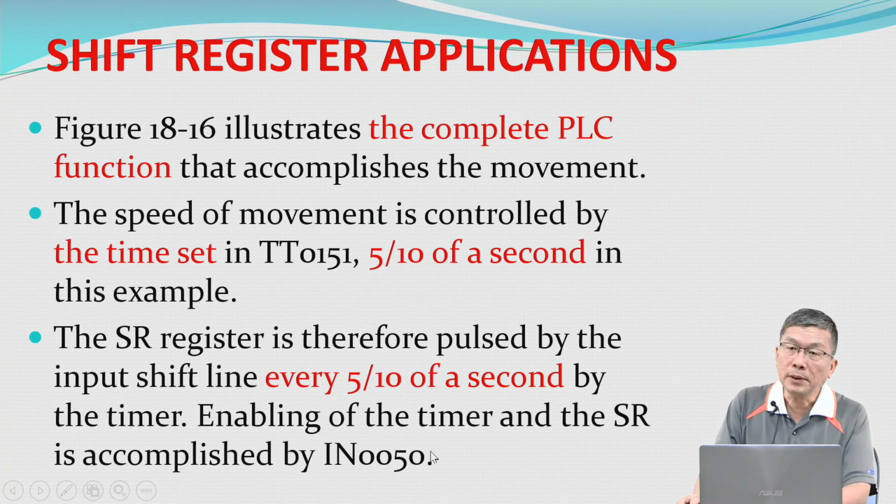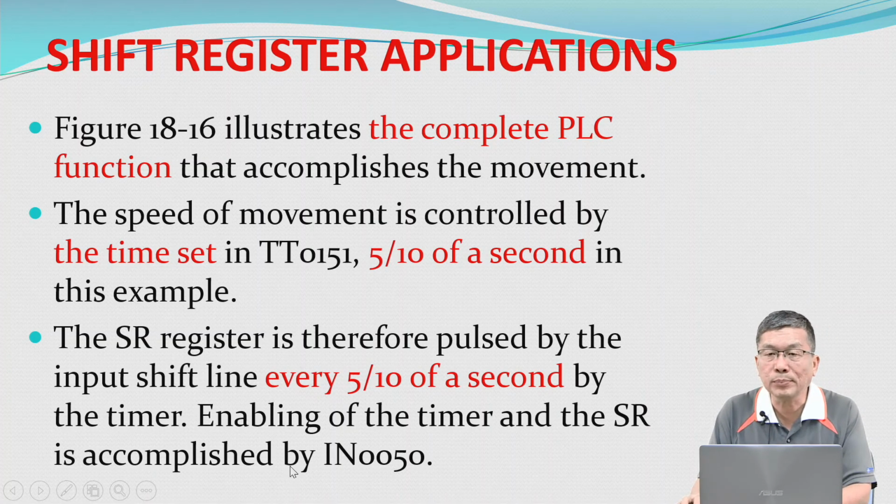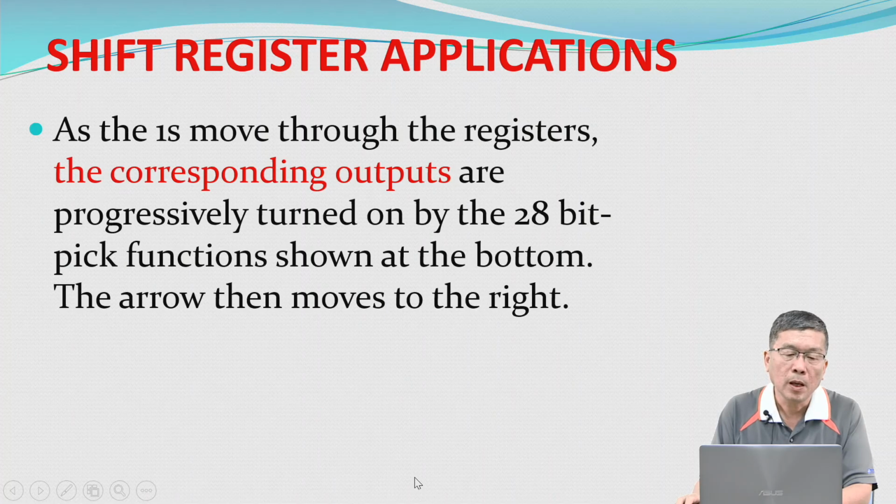Enabling the timer, the SR is accomplished by input 0050. As the 1 moves through the register, the corresponding outputs are progressively turned on by the 28-bit peak functions shown at the bottom. The arrow then moves to the right.